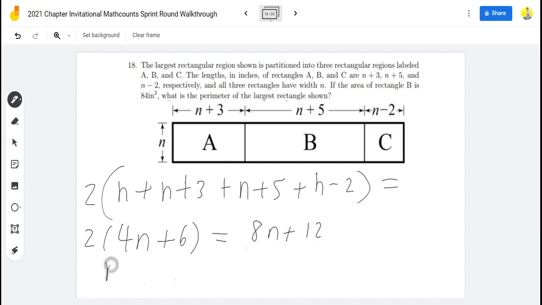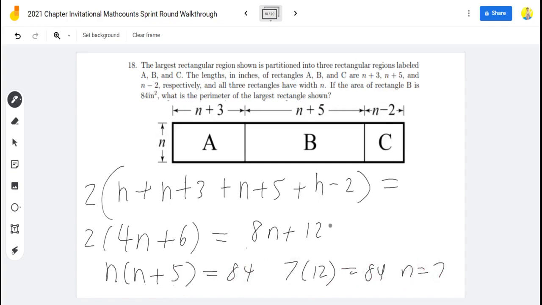And we see that n times (n plus 5) is equal to 84, and since 7 times 12 equals 84, this means that n equals 7. Plugging n equals 7 into the perimeter, we see that 56 plus 12 is 68. So 68 is our final answer.